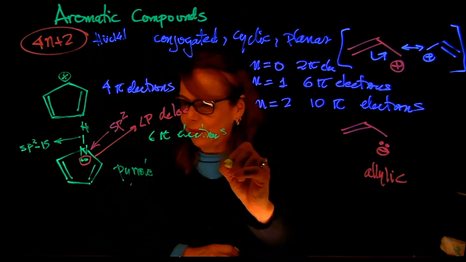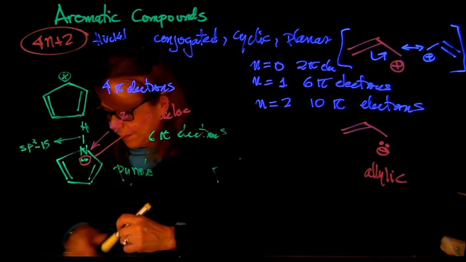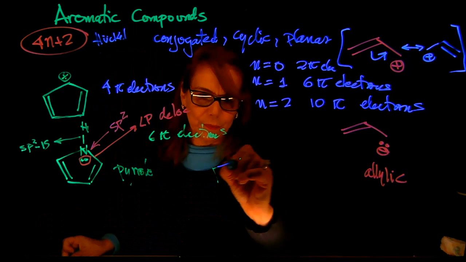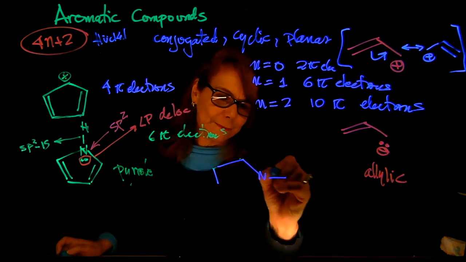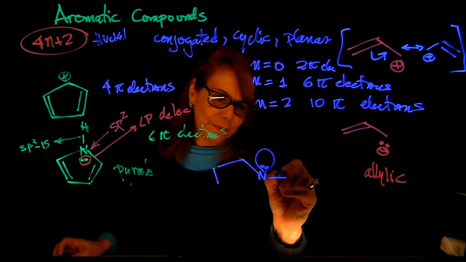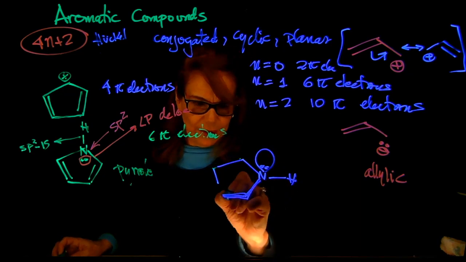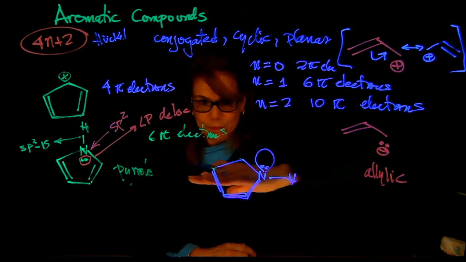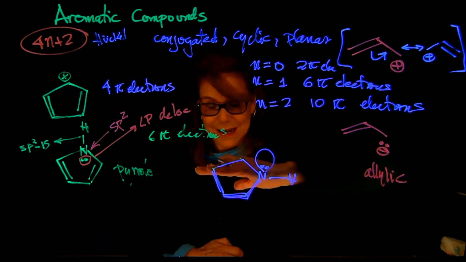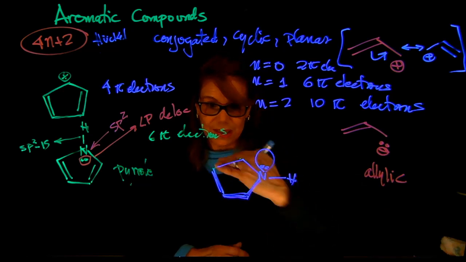So I'm going to do another drawing, showing another perspective. Let's imagine that the ring is like that, perpendicular to the board. So this is what is going on.